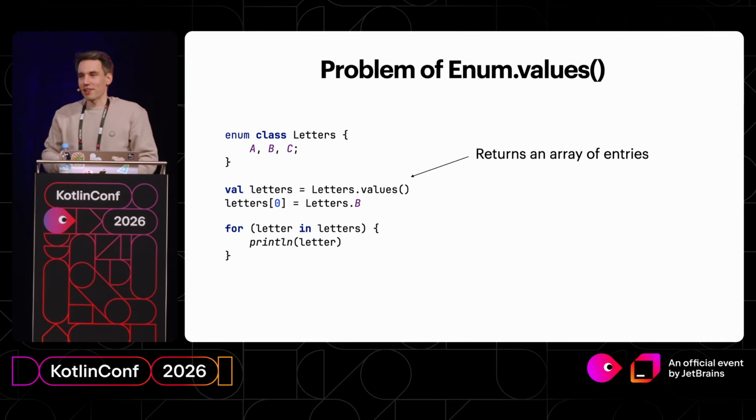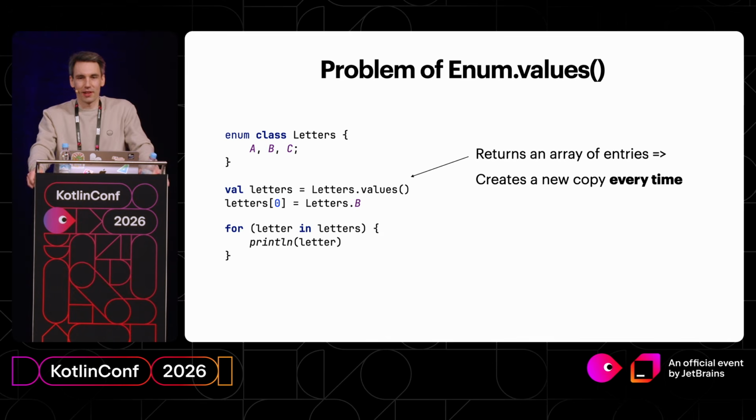So it was decided that we are not going to change this API, but instead we'll just create a new copy every time. So if your values call is on some hot path in a cycle, then you are going to create new arrays every time, because we want to be safe.